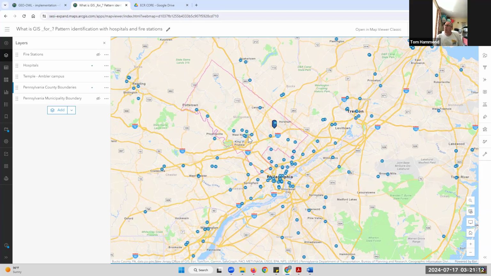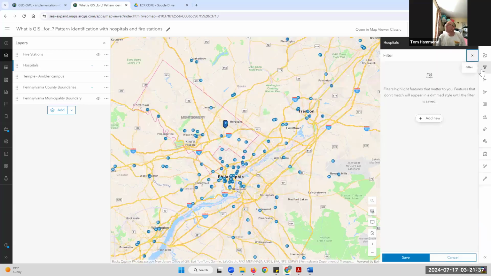Okay, so when I look at Montgomery County here, and I'm looking at where the hospitals are located, well, there's definitely sort of a concentration around West Norriton. But, you know, there's probably more people who live closer in towards Philadelphia. I don't know. So when I look at this, I can start to just describe spatially where most of these hospitals are located. And sure, just really focus in on Montgomery County.